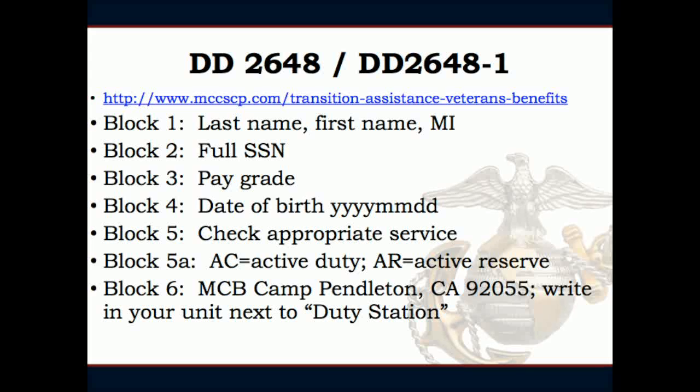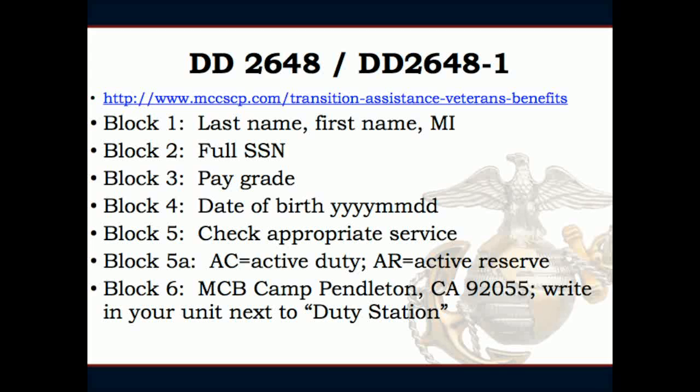In block 5, select your appropriate service with an X in the block. Block 5A. This block does not apply to the 2648-1. All others select their appropriate component. Block 6A.